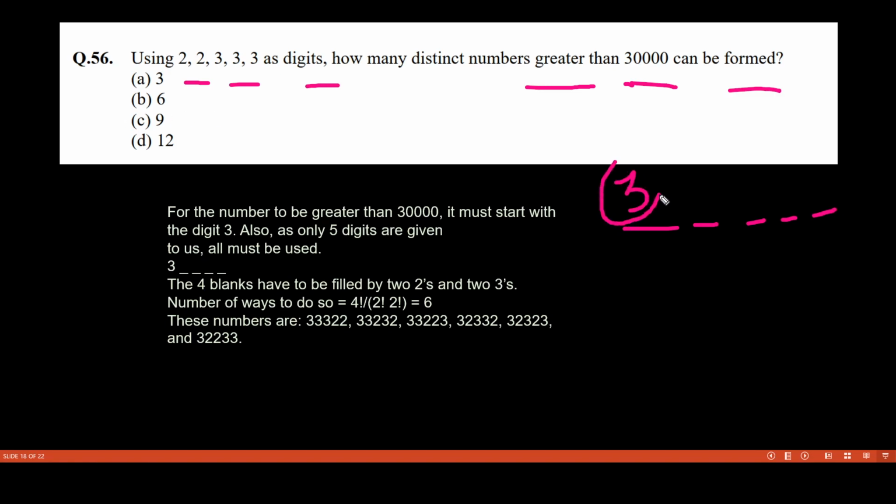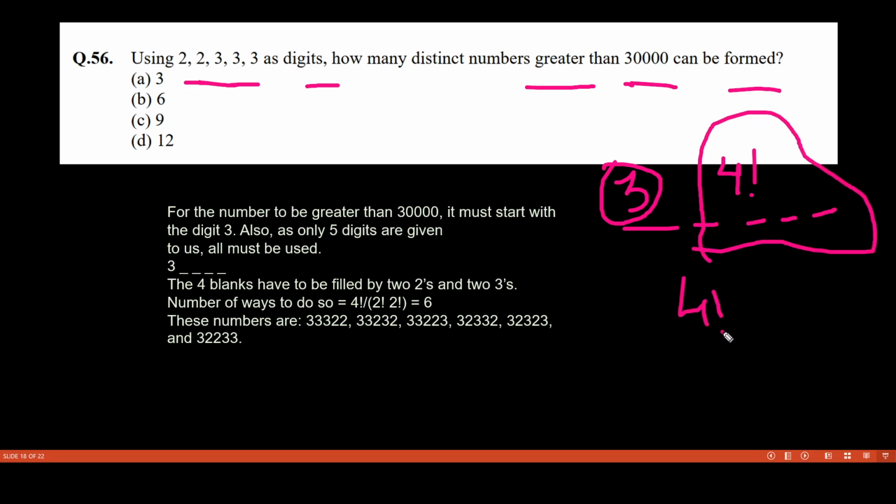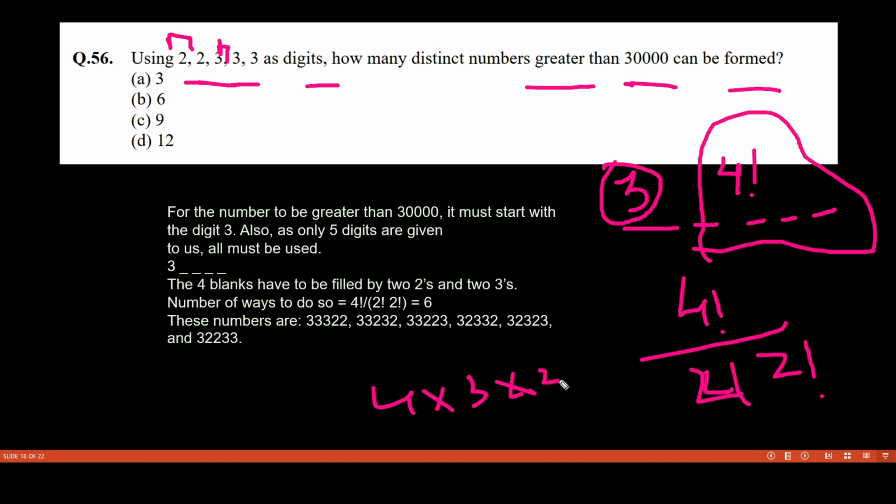So let's fix 3 in the first place. The remaining 4 digits are to be placed in 4 places, so they can be arranged in factorial 4 ways, but we have 2 2's and 2 3's. So we divide by factorial 2 and factorial 2. What we get is 4 into 3 into 2 into 1 divided by 2 into 2, which is 4, and we get the answer 6.